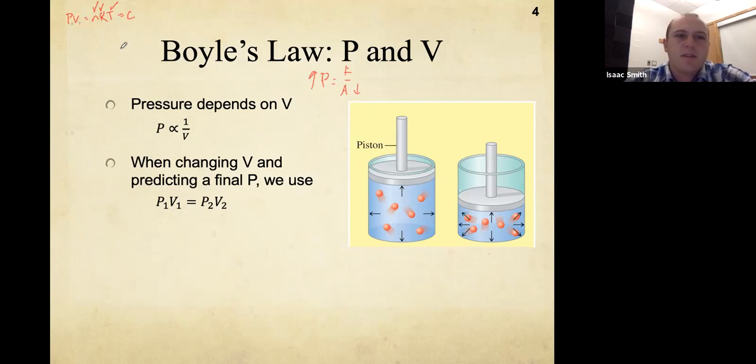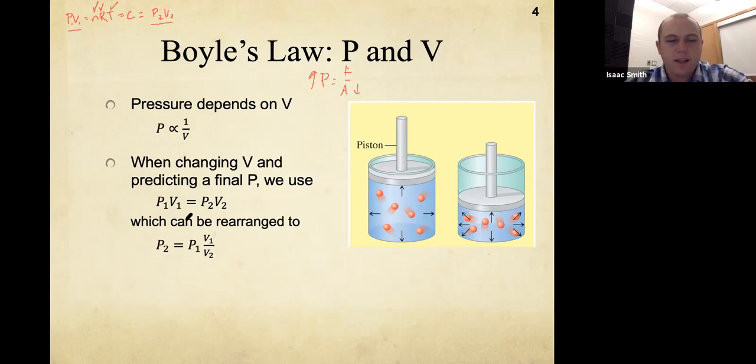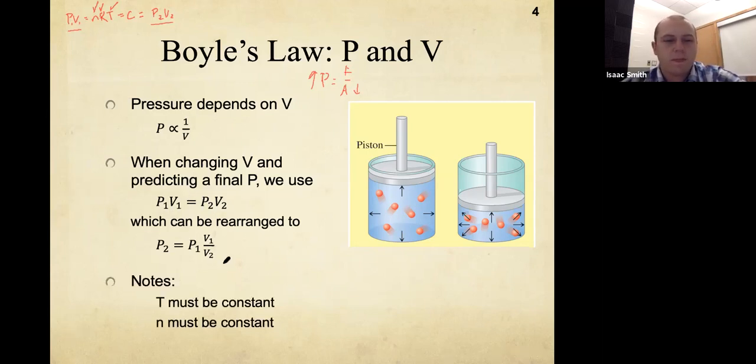So you can say P1 V1 equals a constant, which would equal P2 V2 at some other pressure and volume. And this is where you get Boyle's law from, okay? And again, you could rearrange it depending on what you're trying to solve for. And obviously in this one, temperature and n are constant, because you're only dealing with pressure and volume.